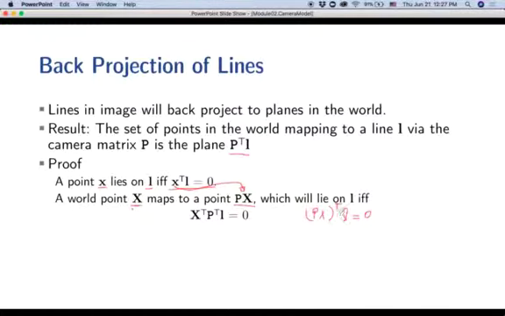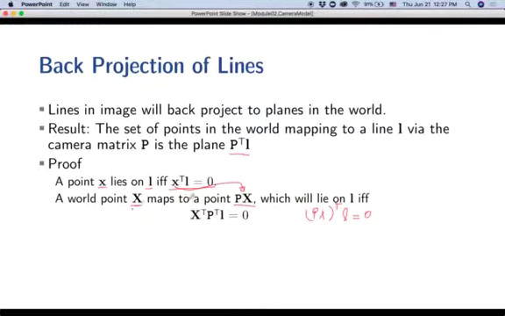But (AB) transpose, you understand, means B transpose A transpose. So X transpose P transpose L is equal to 0. Then that world point X, which maps to the image point x, lies on the line L.